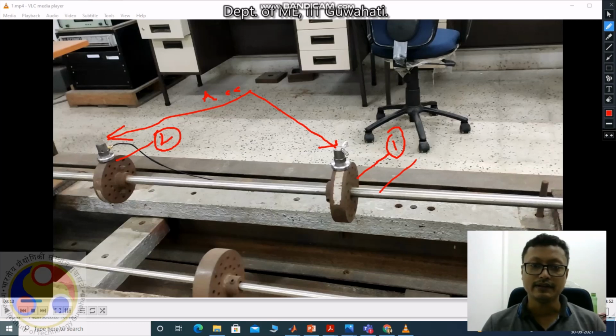When you connect the accelerometer to the DAQ, you need to strike here with a hammer, and you will get the natural frequency of this 2 degree of freedom system.